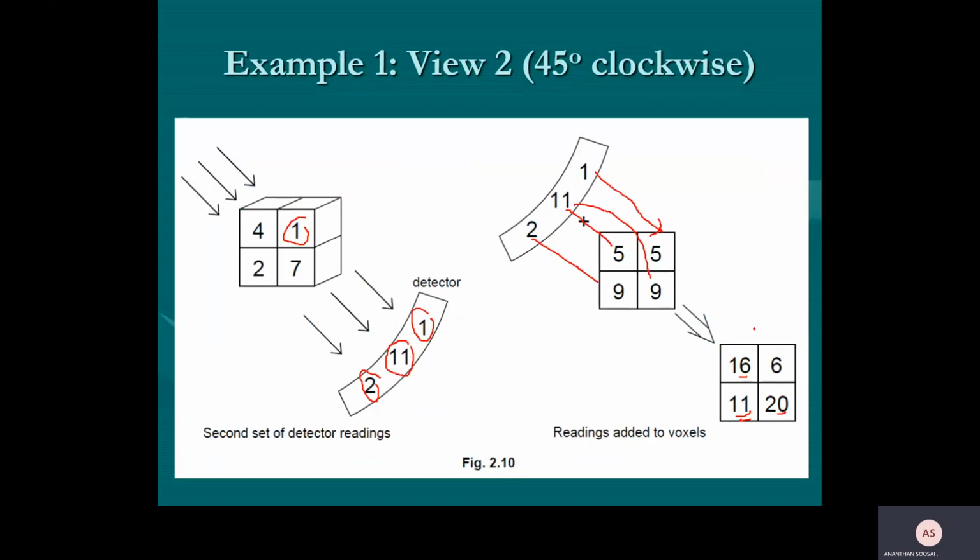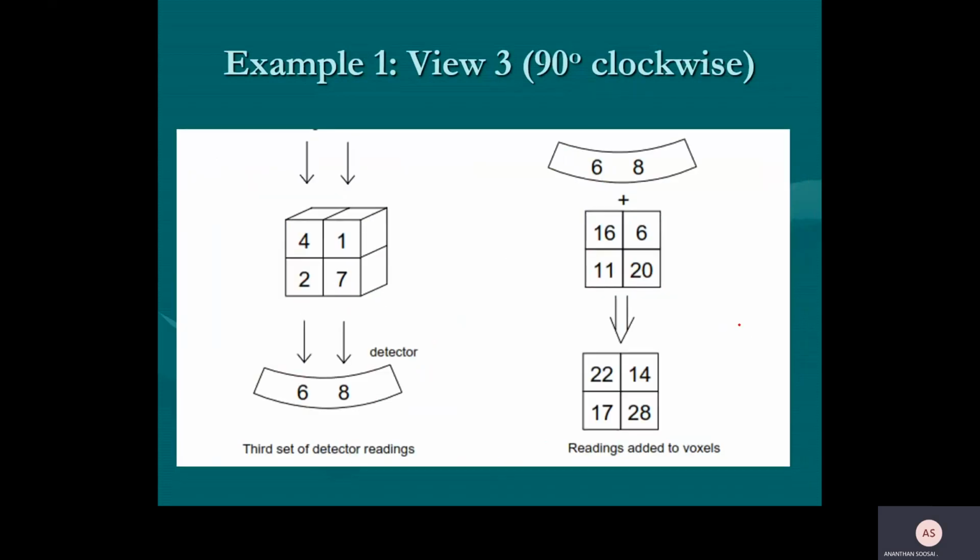Then when you go vertically up, the same body with 4127 pixel values, shine, what happened? You got a total of 8 here and 6 here. The 6 and 8 will be added to the recent pixel addition: 16, 6, 11, 20.